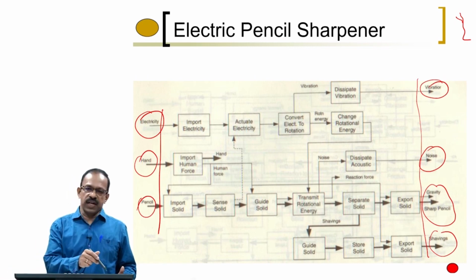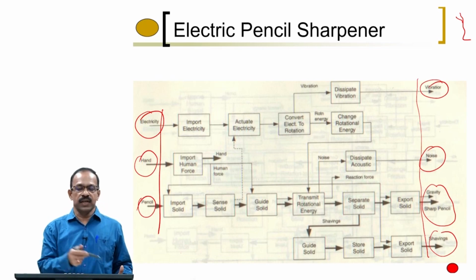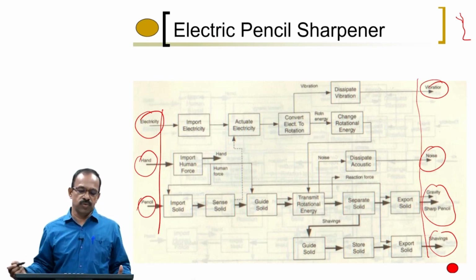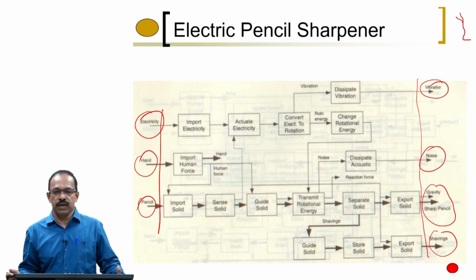In this case we started with the flow, identified all the flows in the product, and then followed the flows to understand what is happening to each flow as it comes out in a different form.